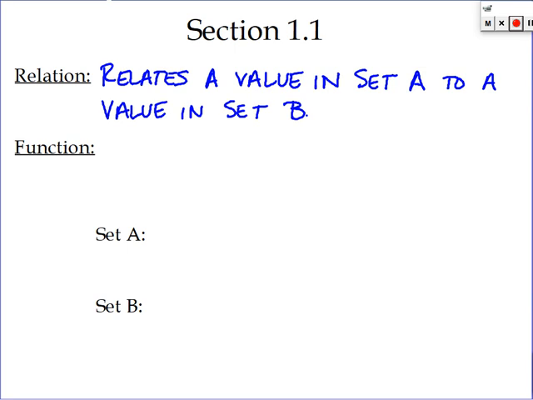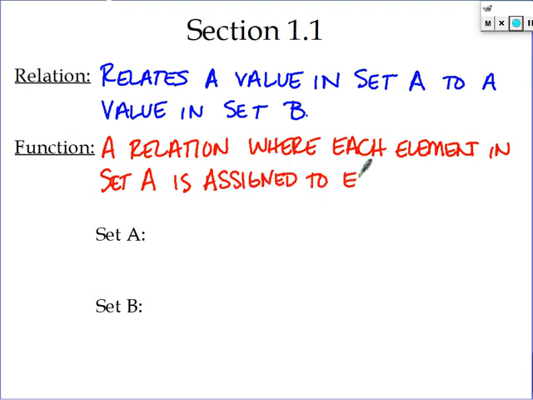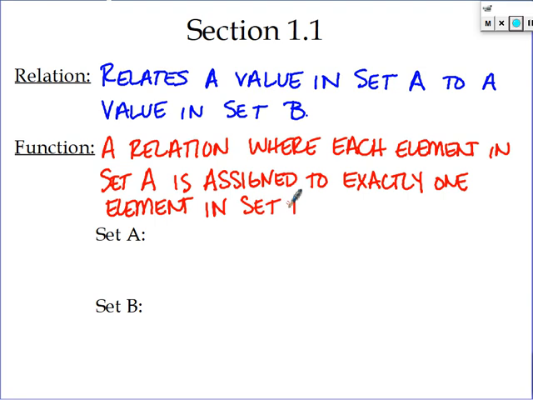A function is a relation where each element in set A is assigned to exactly one element in set B. So now this is a little more specific.